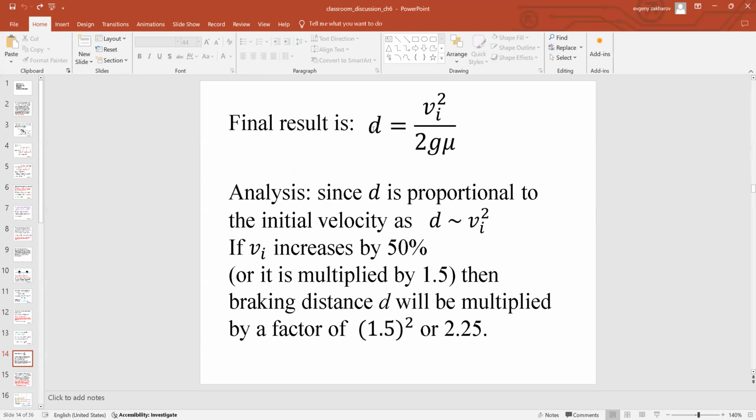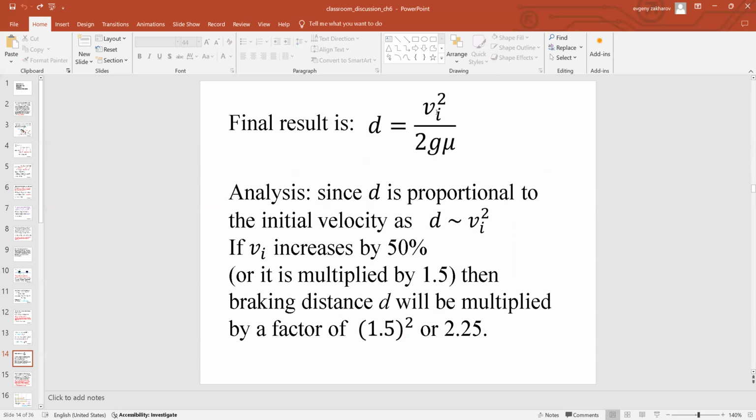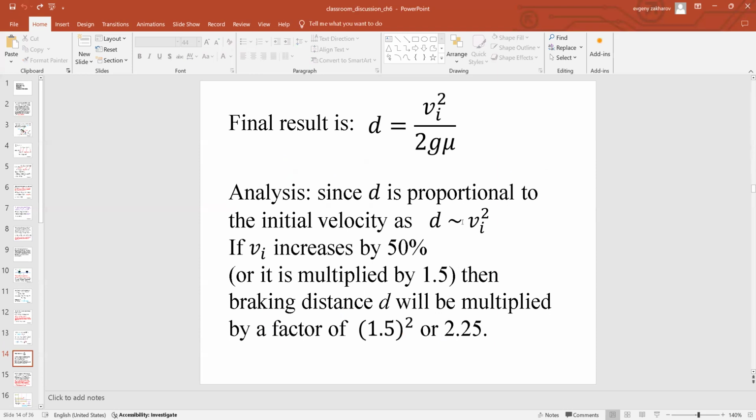So the final result for the distance traveled from this expression is initial velocity squared divided by 2 g mu, where mu is the coefficient of friction. Now, the question was, how much will the distance change if the initial velocity is 50% more?